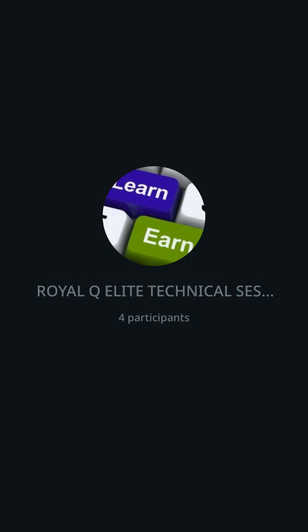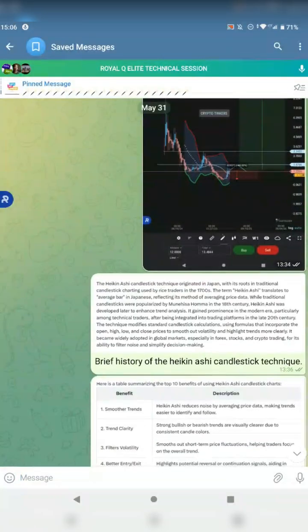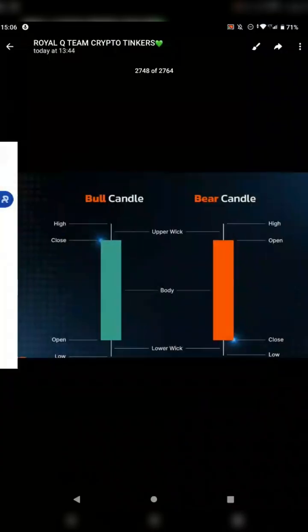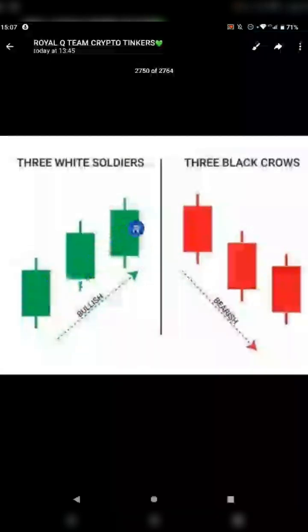Then we come to some candlestick patterns just for revision purposes. We have some candlestick patterns called the 3 white soldiers, and then we have the 3 black crows. Now the 3 white soldiers normally happens when there's going to be a... Okay, we are here now. Yes. So the three white soldiers, as you can see. They are green though, but they call it the 3 white soldiers.